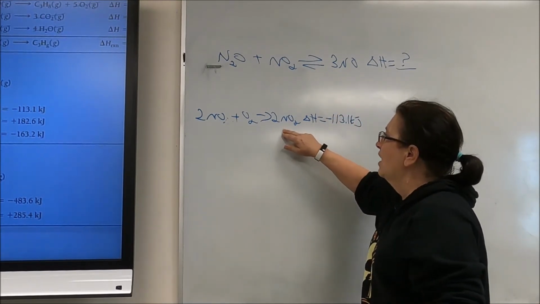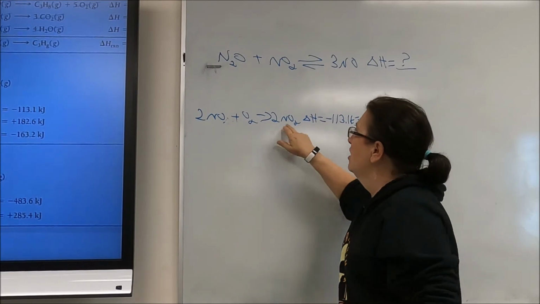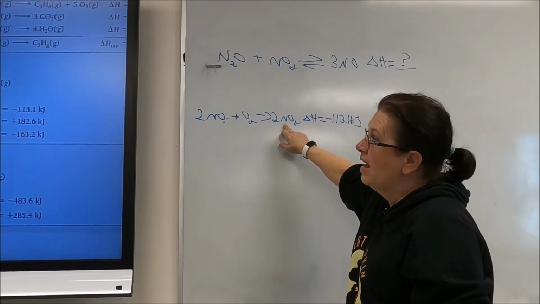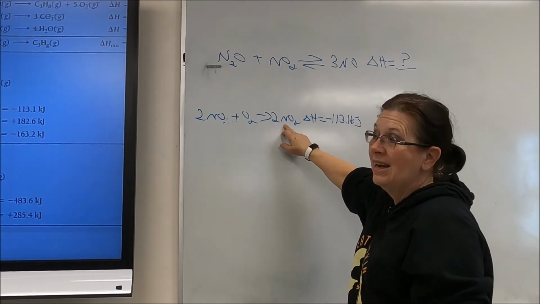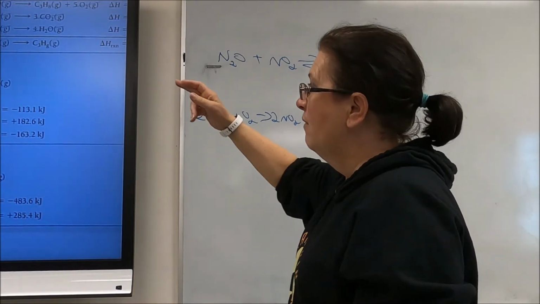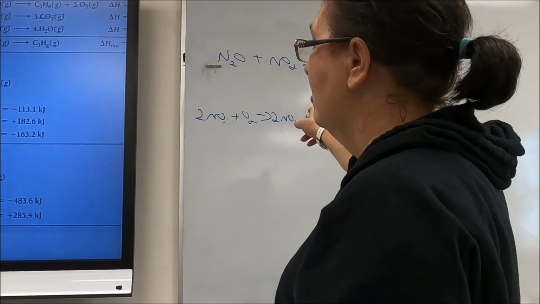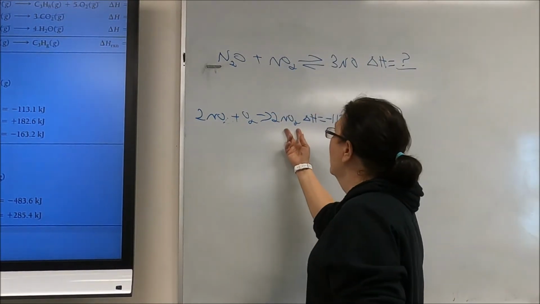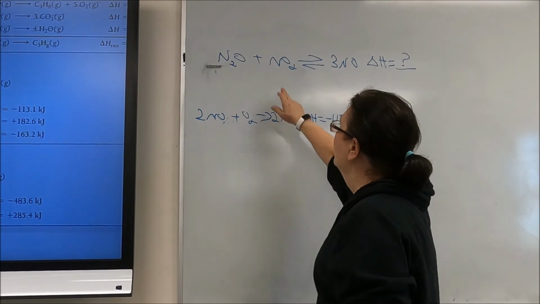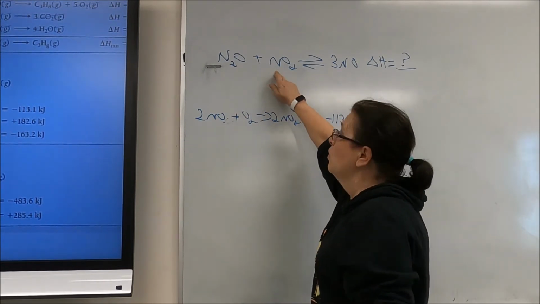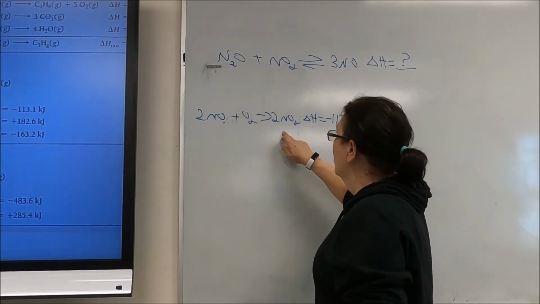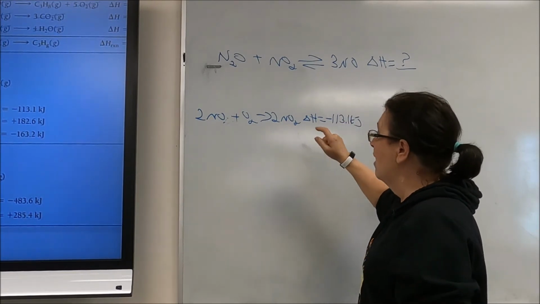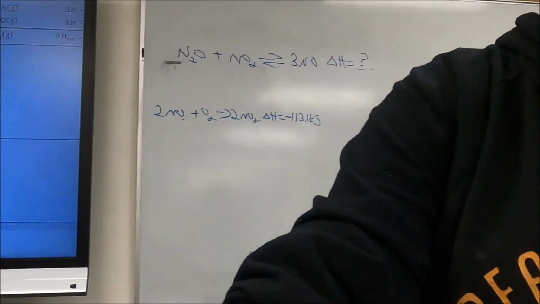Now, in this reaction, nitrogen dioxide is a product, and I need it as a reactant. Of the 3 reactions we were given, that's the only one that has nitrogen dioxide in it. So one of the things I know is I'm going to have to reverse it. On top of that, there's only 1 nitrogen dioxide up here. So I've got to reverse that, and I've got to cut it in half.